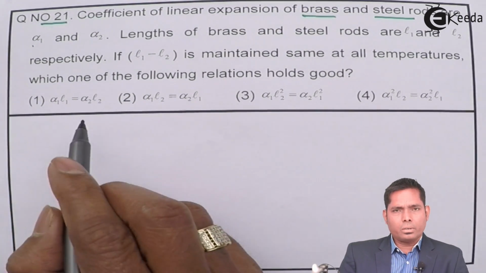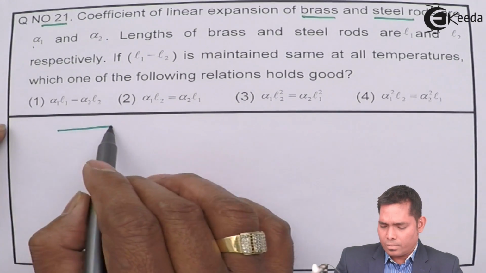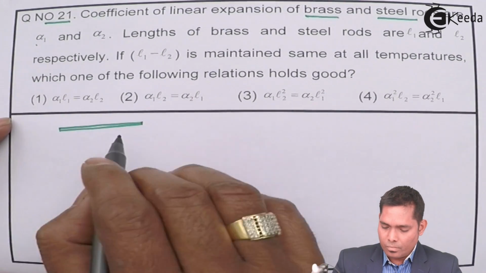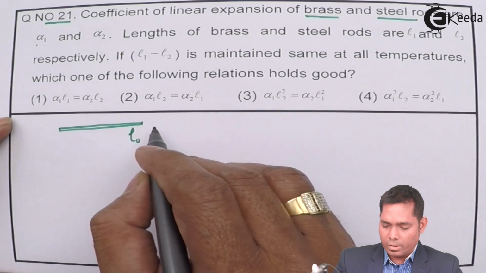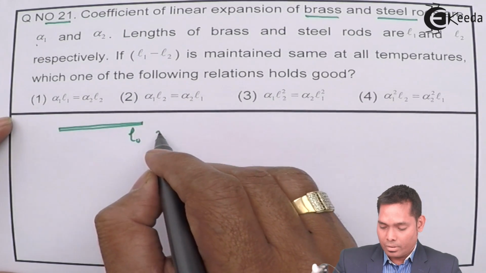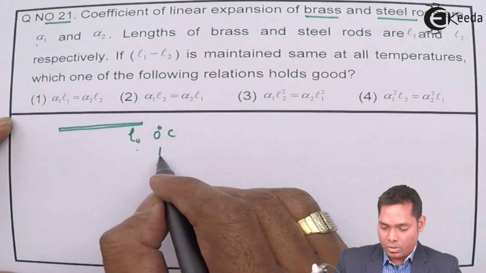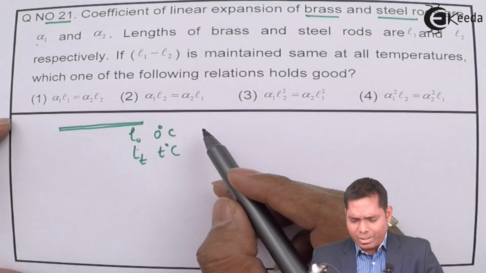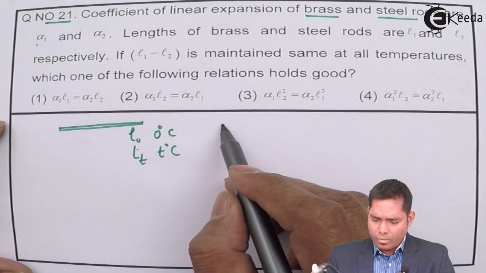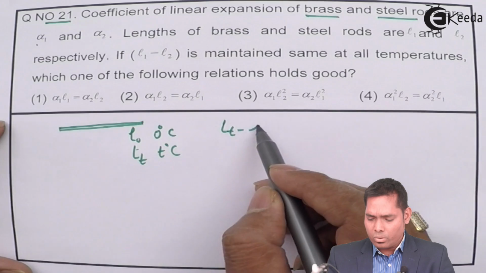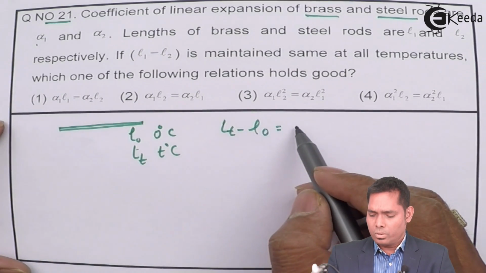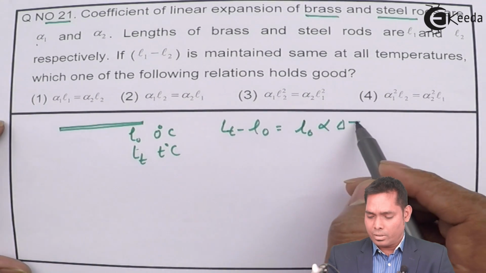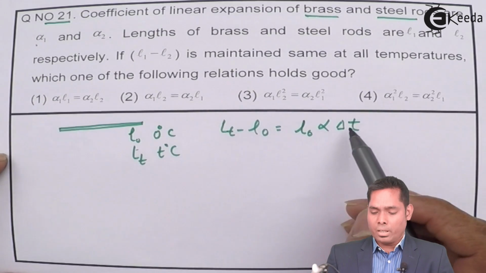The formula for when a rod is heated: when a rod of length L0 at 0° centigrade is heated to a temperature T centigrade, the length is LT. Then we know that the increase in length, that is LT minus L0, is equal to the original length times alpha times delta T, that is the change in temperature.